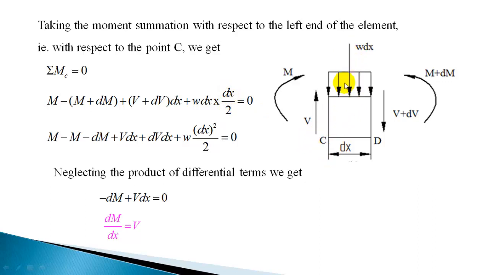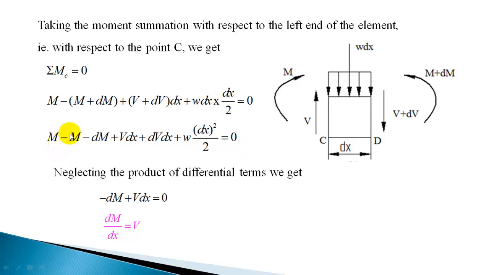This is a clockwise moment, so plus. So this is the moment summation with respect to point C. Now when you expand this, M minus M minus dM plus V dx plus dV dx plus W dx into dx square by 2 is equal to 0.